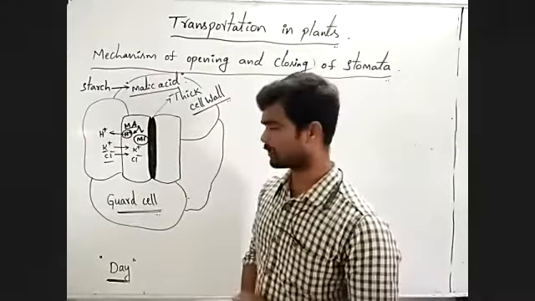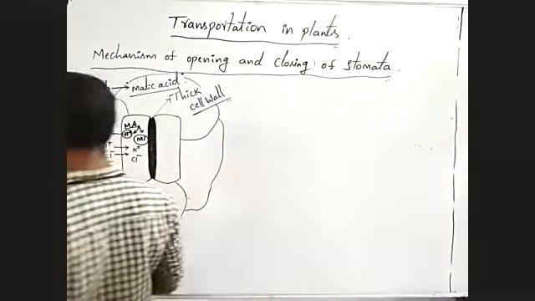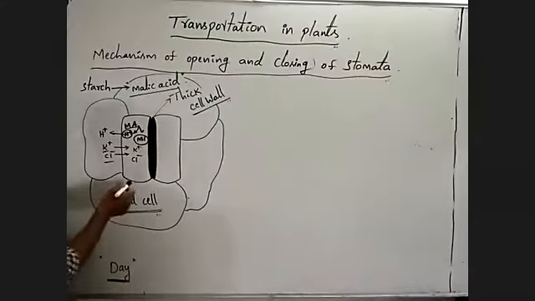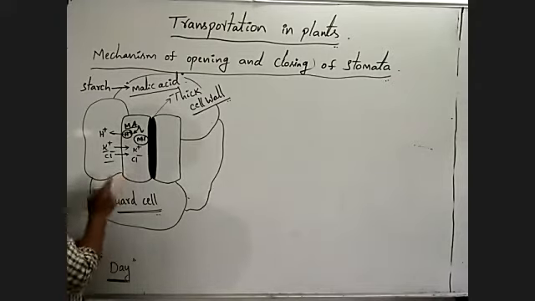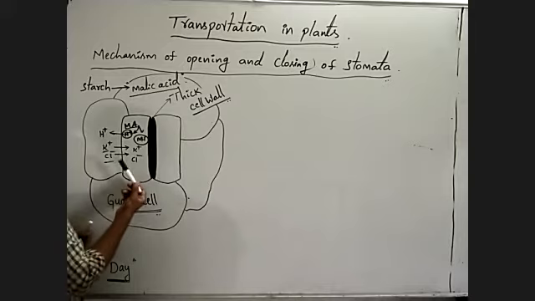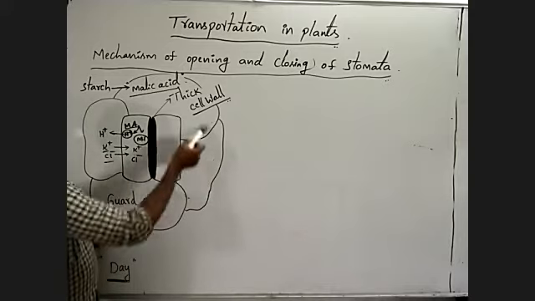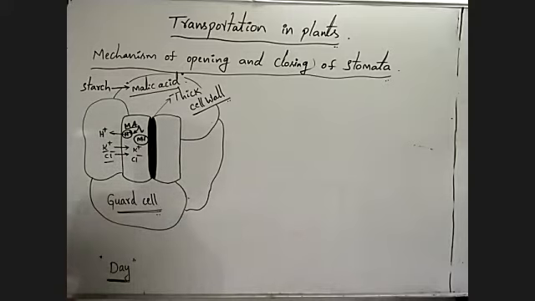Observe carefully. It means a concentration gradient has been created here. What? A concentration gradient created between the guard cells and subsidiary cells. In this condition, what will happen?